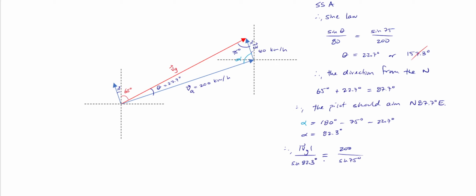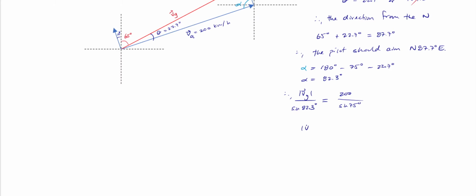It's just solving a whole bunch of triangles right here. And so therefore my ground velocity is going to be equal to 205.2 kilometers per hour. Okay, well, I know that speed is equal to distance over time, and they're looking for how long it's going to take.